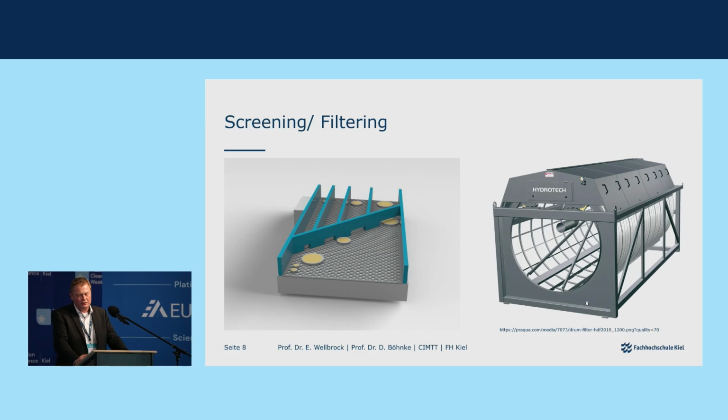The next thing is, what happens with these objects after we cut them into pieces? We have to do screening. We have to separate them into different pieces because we need a special weight, a special volume for the combustion. We cannot just pour everything inside, we have to separate them. Therefore, typical processes like sieving, like gates, where we can separate and screen the objects, could be useful.